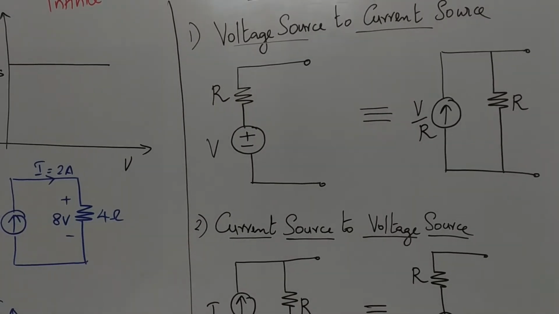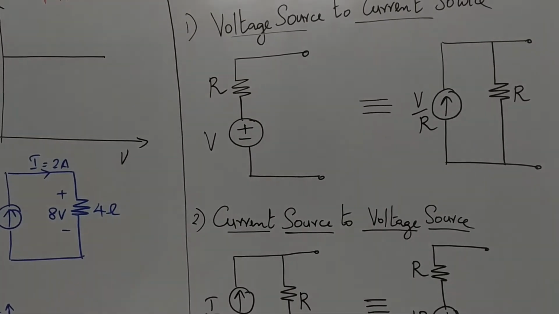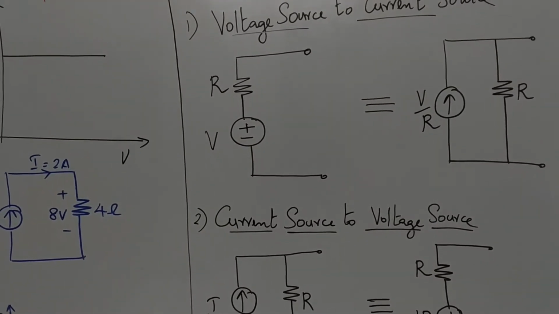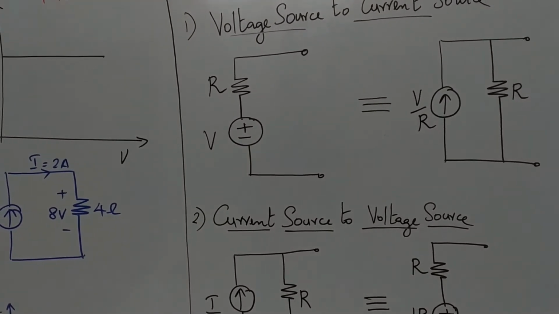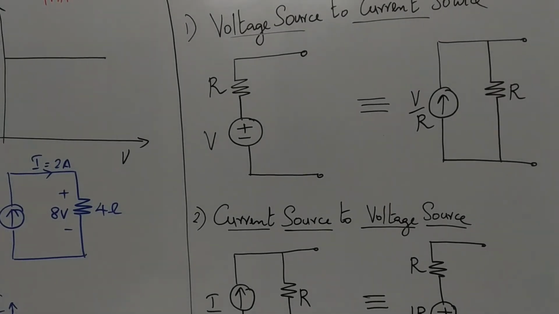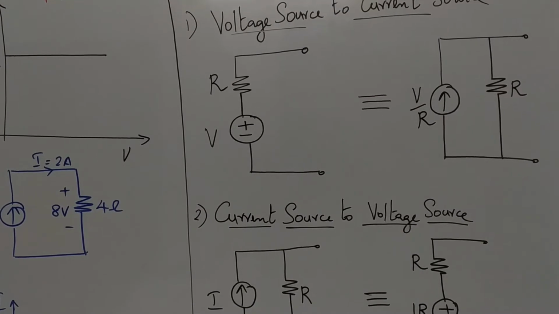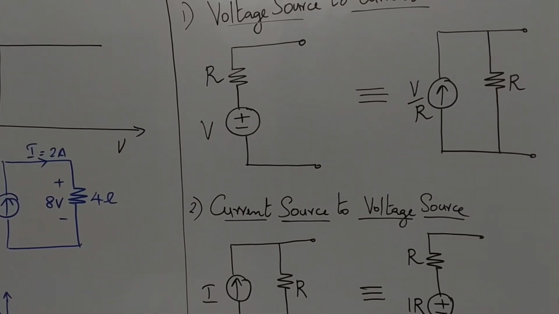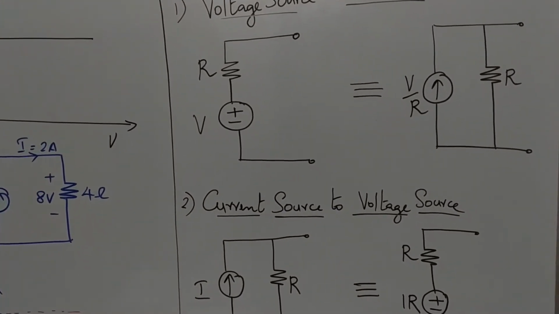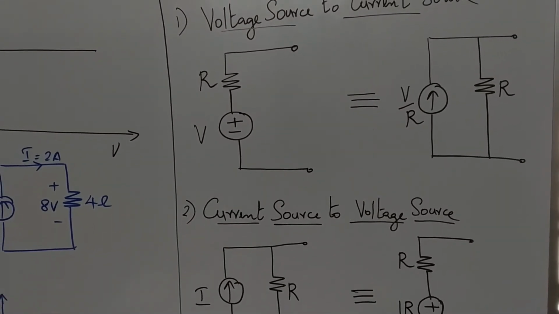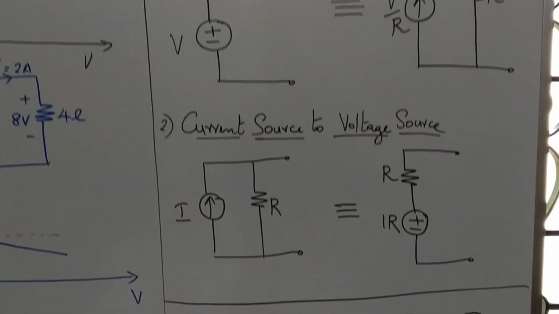For example, if suppose we have a voltage say 10 volt in series with 2 ohm, when you convert it, it will be equivalent to a current source having value equal to 10 by 2, which is 5 ampere in parallel with 2 ohm. So that is how you convert voltage source to current source.